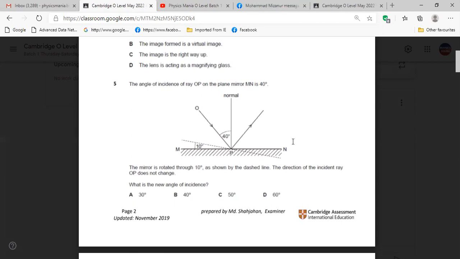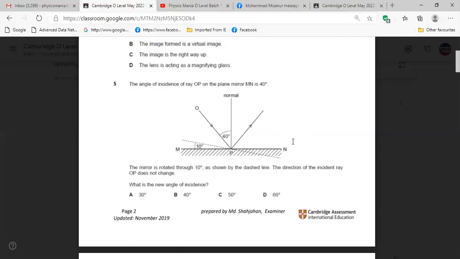So in that case, what will be the angle of incidence? 50 degrees. Yes, 50 degrees. How is it 50 degrees? If we rotate the mirror, the angle of incidence will bend a little bit.